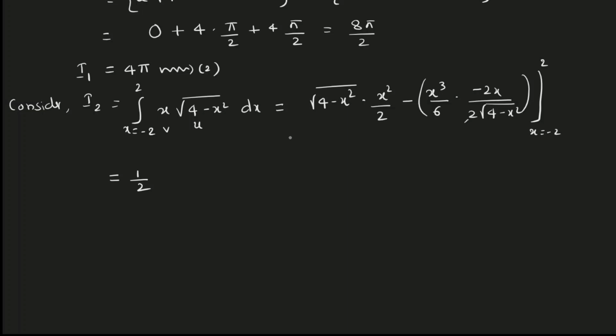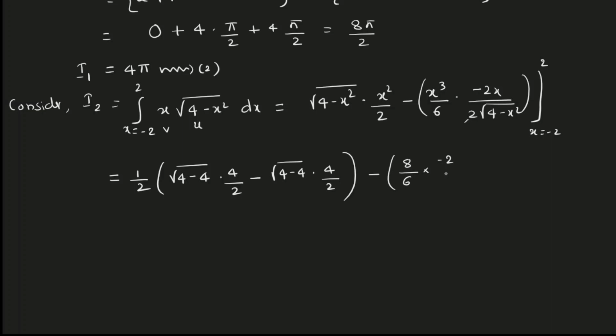Minus for the second one, it is 2 cube, 8 by 6. This 2 gets cancelled, into minus 2 divided by root 4 minus 4, upper limit minus lower limit.